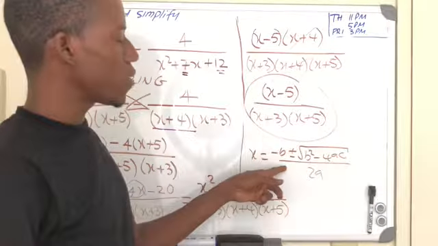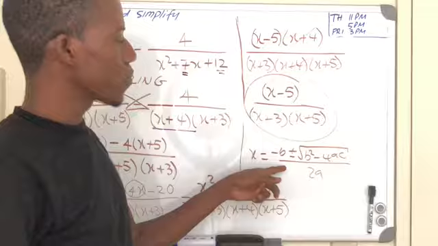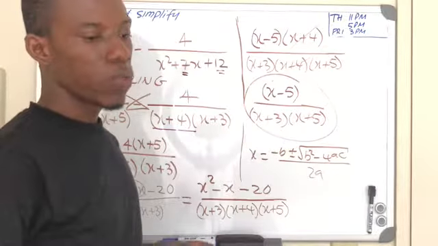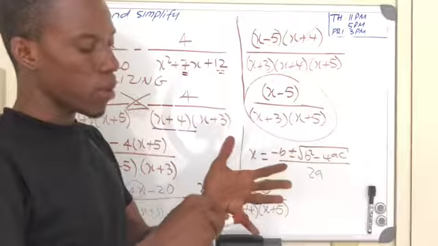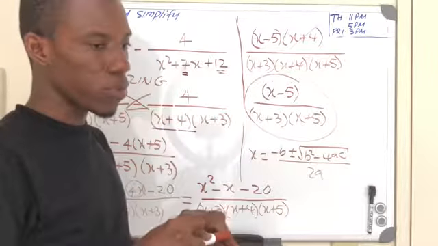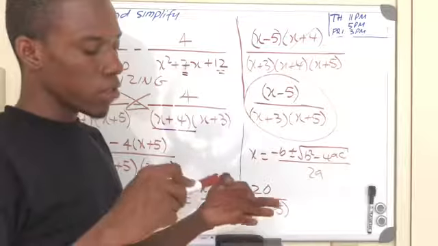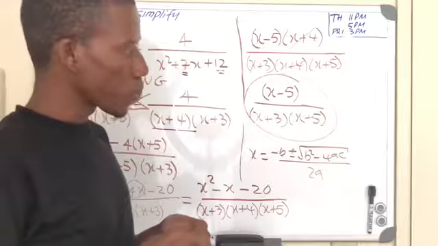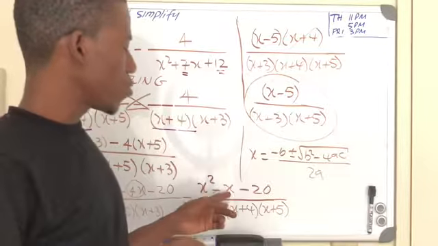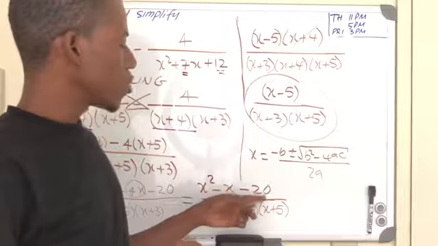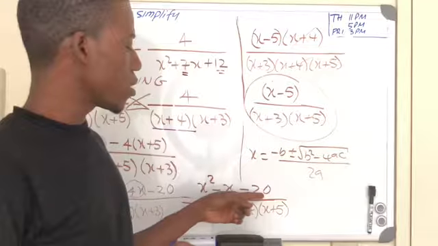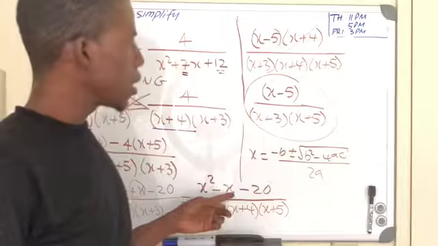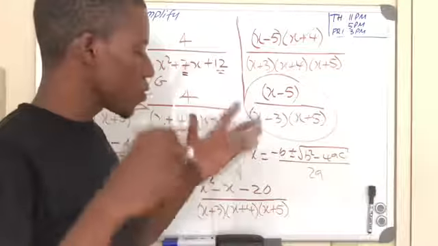You need to memorize this or have it written somewhere, or know how to find the factors with the specific rules. If a plus b plus c is equal to 0, that's a way you can find them quicker. If a minus b plus c is equal to 0, that's another way. And if the two numbers multiply to give you c and add to give you b, that's another way again to simplify.